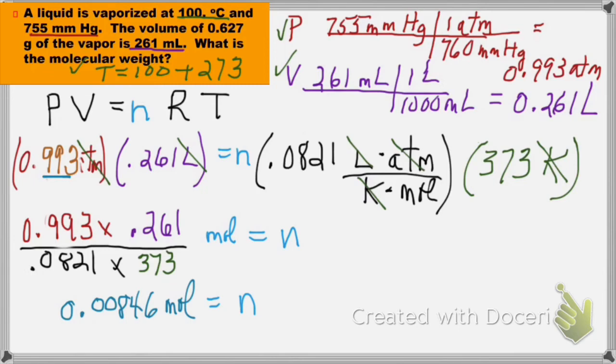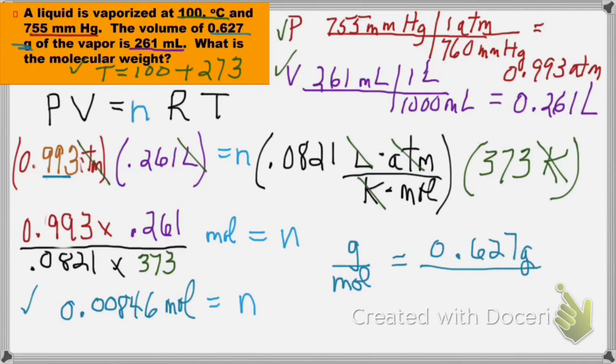Plugging through, we finally get n equals 0.00846 moles. Now to answer the question, the number of grams per mole, we return to the original problem and see that we were given the mass, 0.627 grams for this sample size, and we just calculated the moles of this sample size, 0.00846 moles.